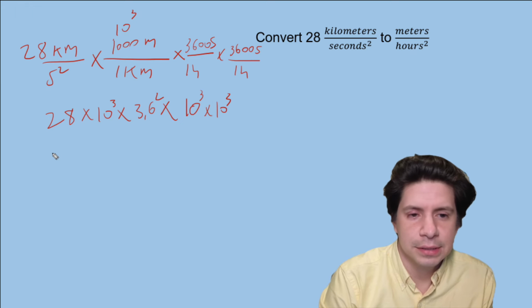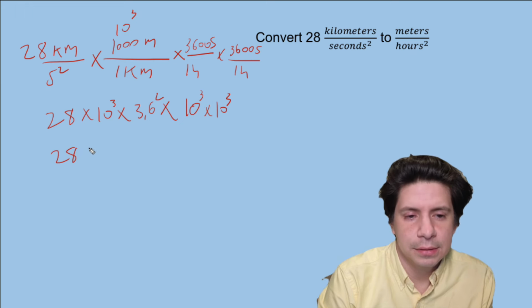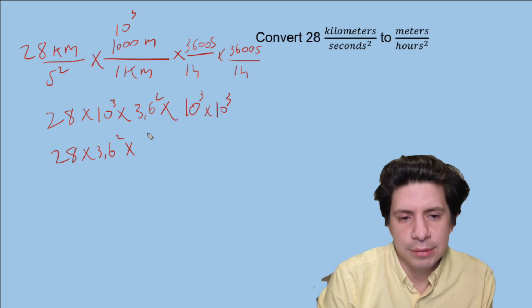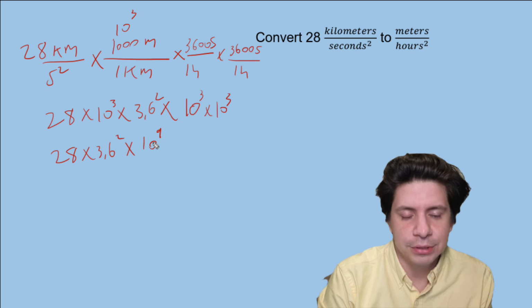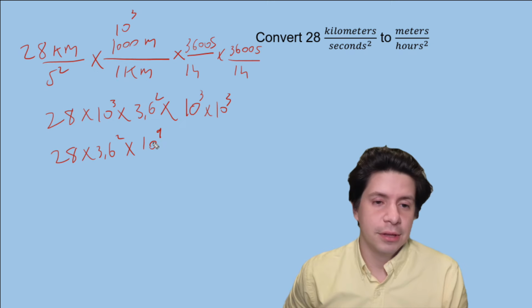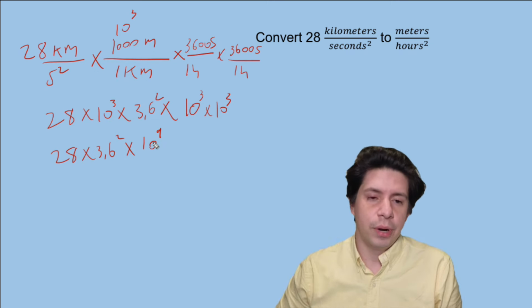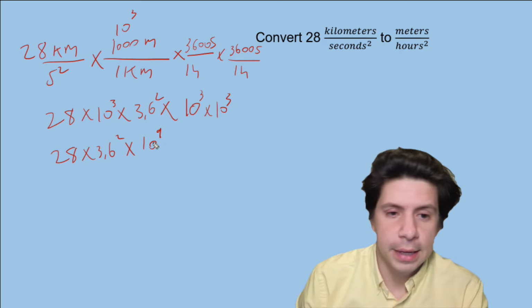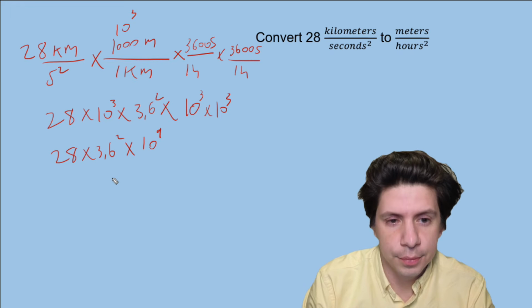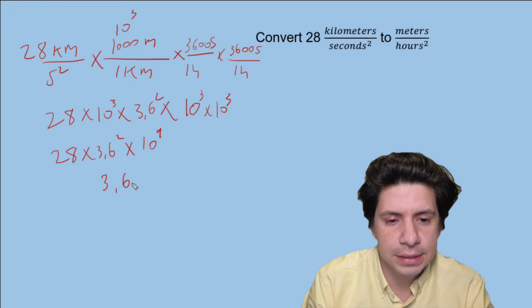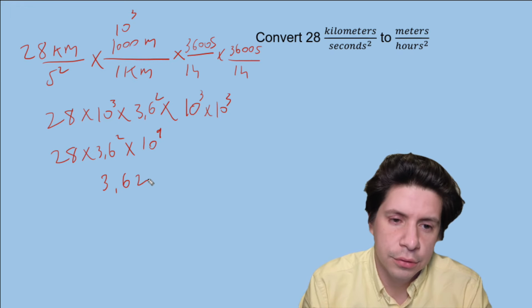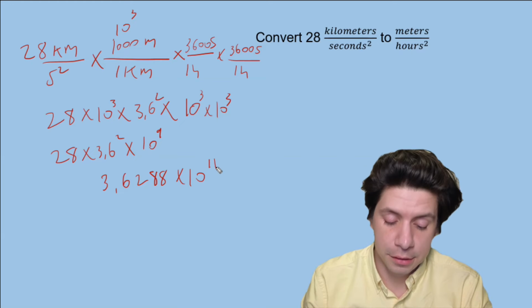So that's going to give us 28 times 3.6 squared times 10 to the ninth. You don't need to do this, I'm just doing it for fun, but you can plug it in the calculator like I'm going to do right now. And you're going to get 3.6288 times 10 to the 11th.